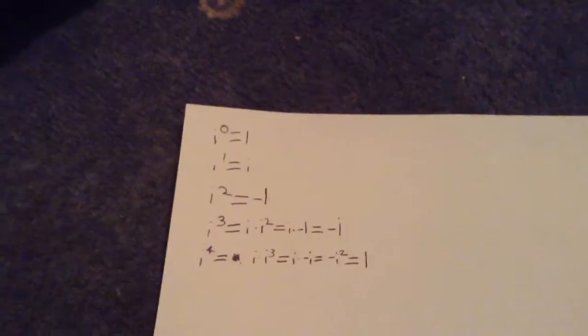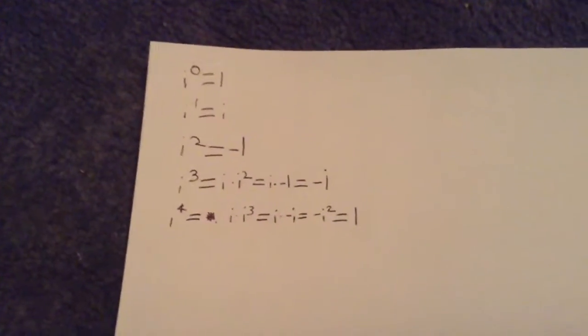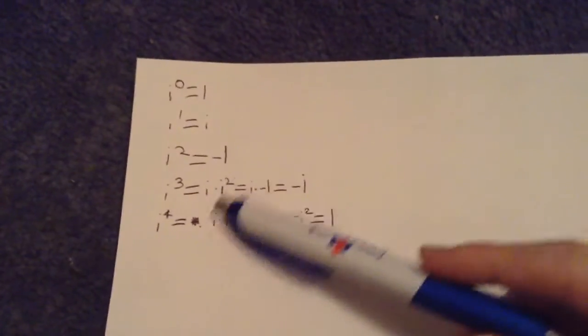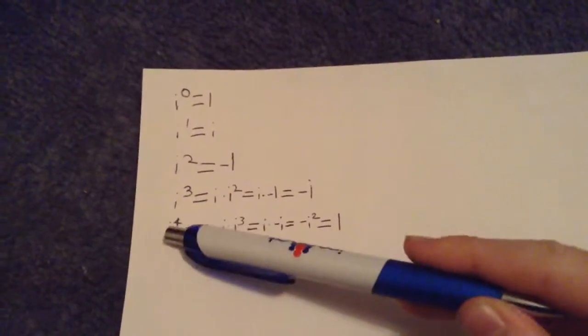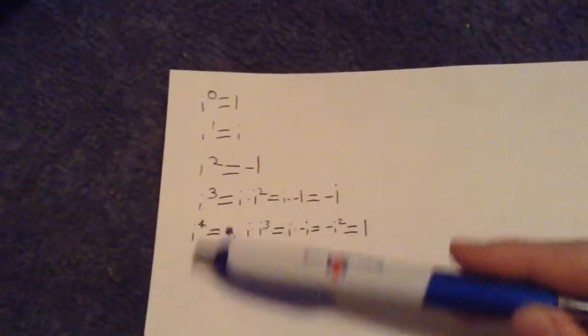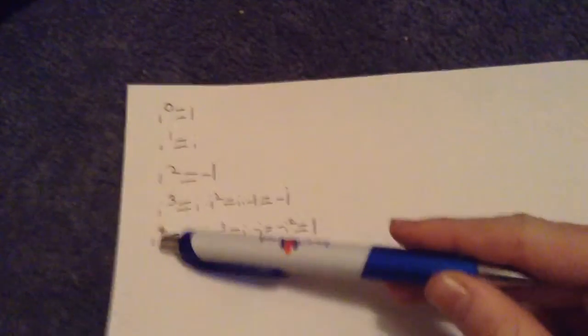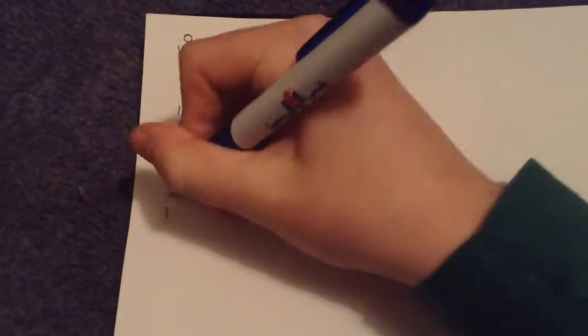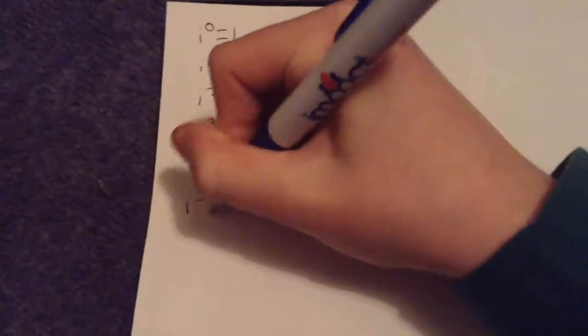Now, when I first recorded, I only went up to 4. And I think I need to go past 4 to show you the pattern, because there's a pattern. So, what is i to the 5th?